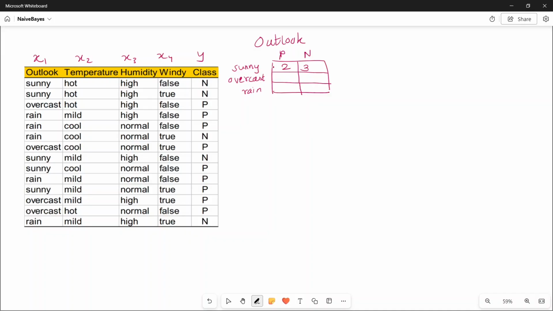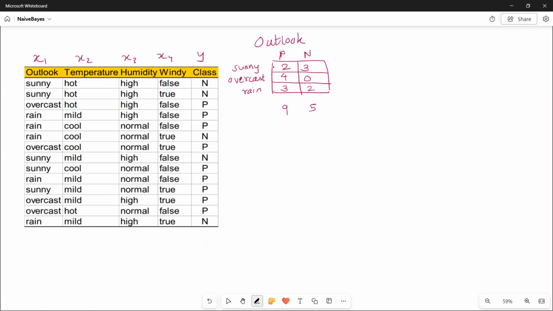Similarly for overcast, it's 4 and 0. For rain and P, when outlook is rain, how many times is the outcome P? Rain P1, rain P2, rain P3, so it's thrice, and twice that it is N. Now take the sum of the column. Here the sum is 9 and here the sum is 5. Now this is called the frequency table.